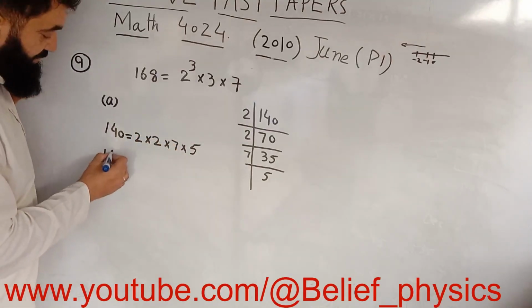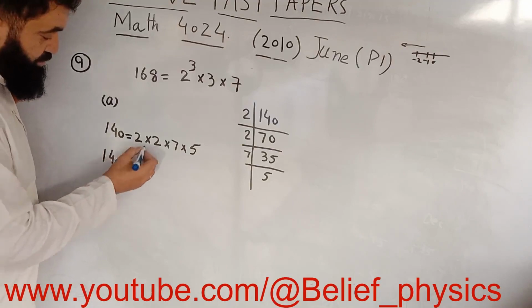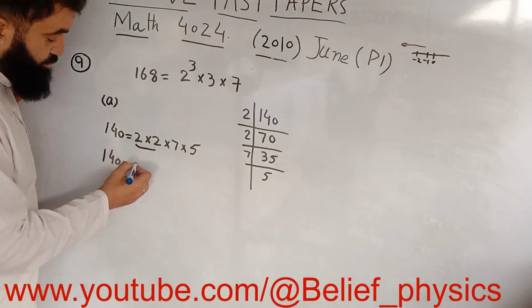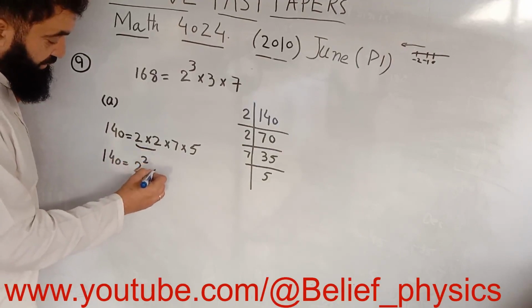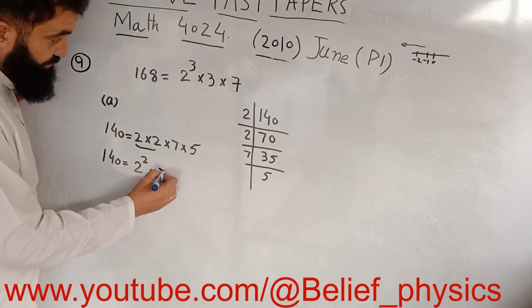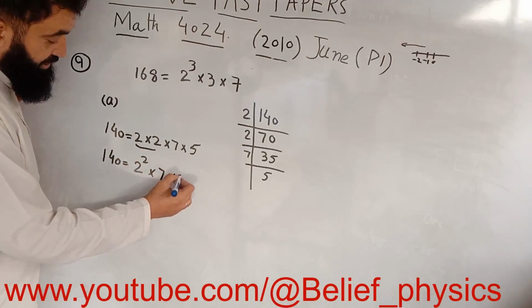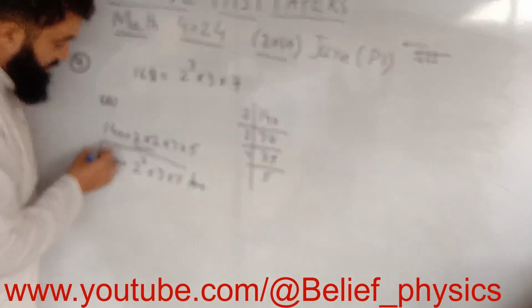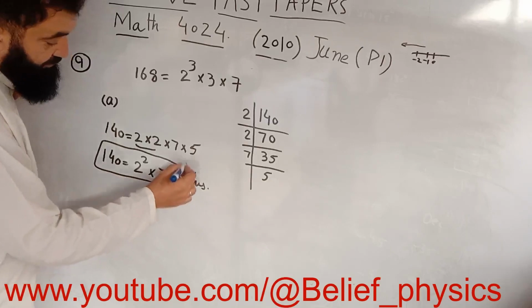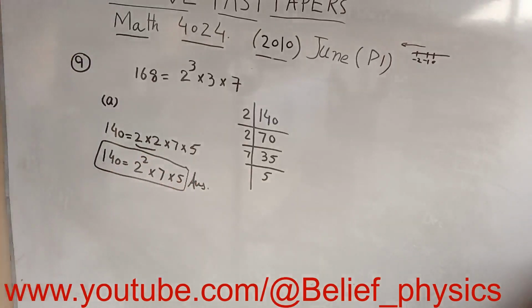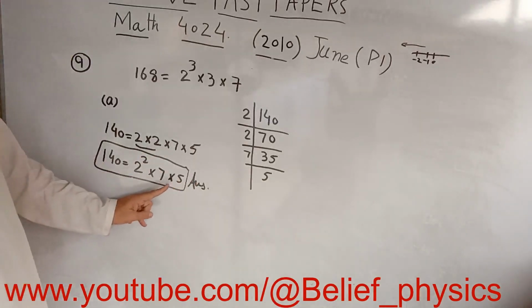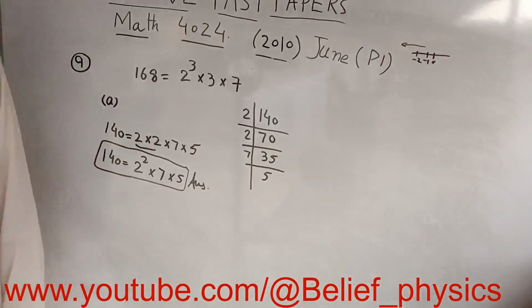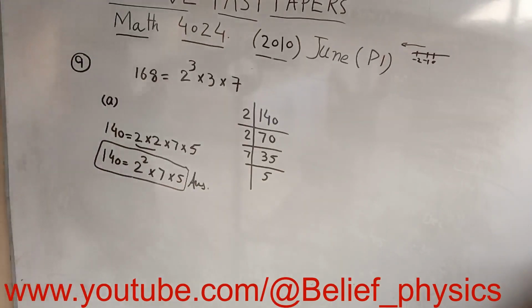So we write 140 is equal to 2 into 2, which is 2 square, into 7 into 5, and this is the answer. We have written 140 as a product of prime factors because all numbers 2, 7 and 5 are prime. So the answer will be 2 square into 7 into 5.